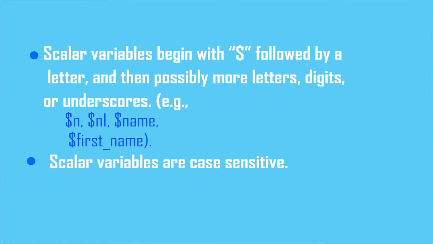Now let us look at scalar variables in Perl. Scalar variables begin with a $, as we've seen, followed by a letter, and then possibly more letters, digits, or underscores. As you can see, for example, scalar variables $n, $n1, $name, $first_name. Scalar variables are case sensitive.